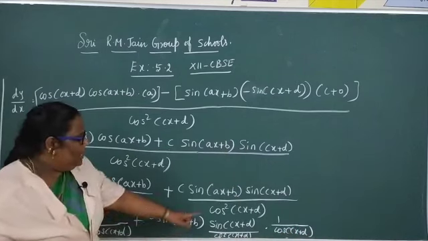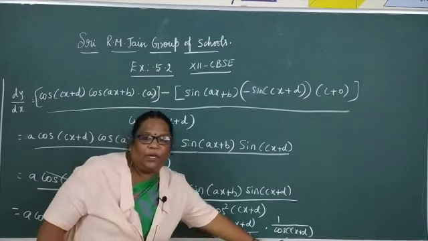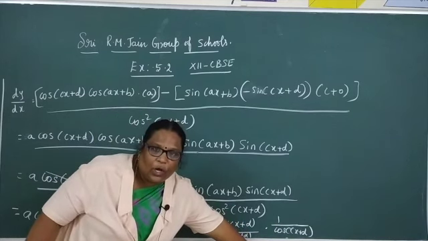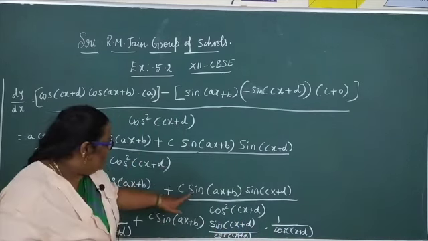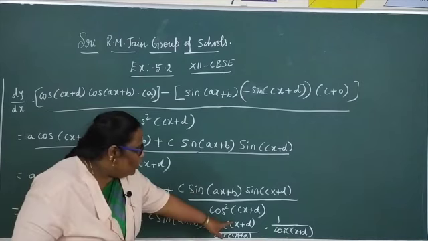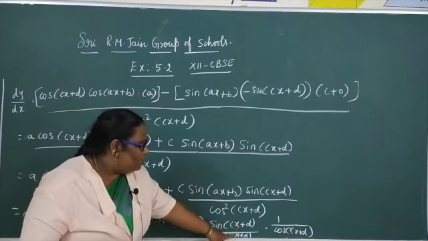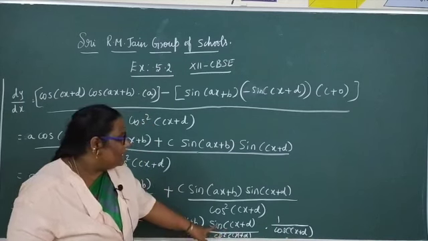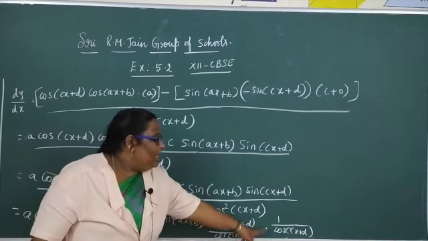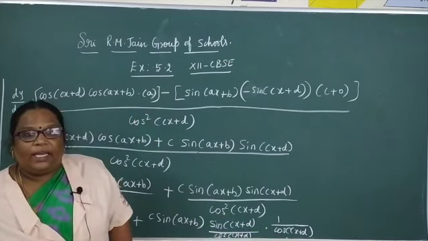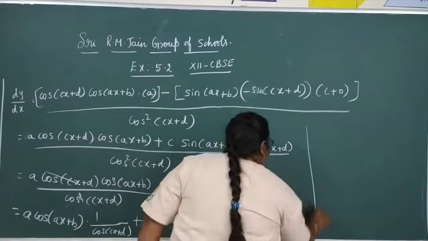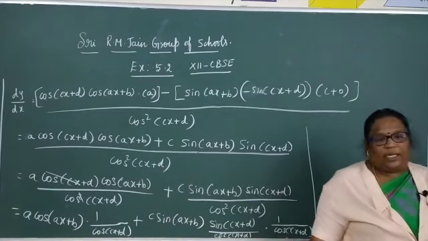That cos square I can split up into cos of cx plus d into cos of cx plus d. So sine of ax plus b, with the terms being the same, I can take as sine of cx plus d into 1 by cos of cx plus d. See, what is the result here?